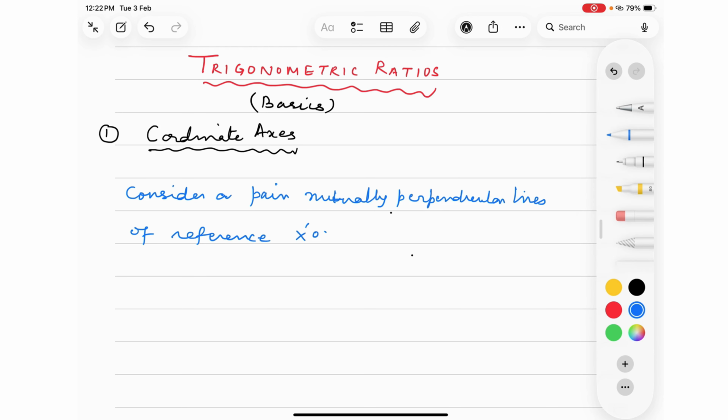Let us consider a pair of mutually perpendicular lines of reference X dash OX and Y dash OY on a plane. This is X O X dash, Y O Y dash.